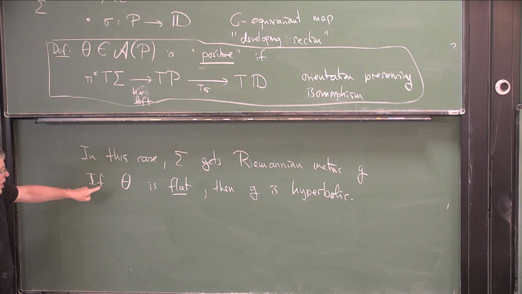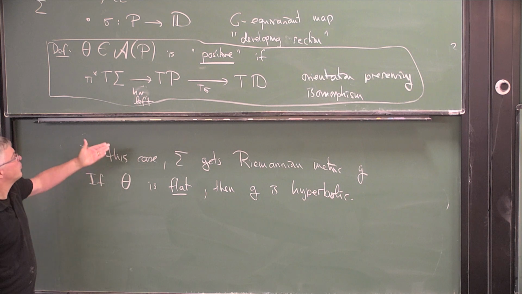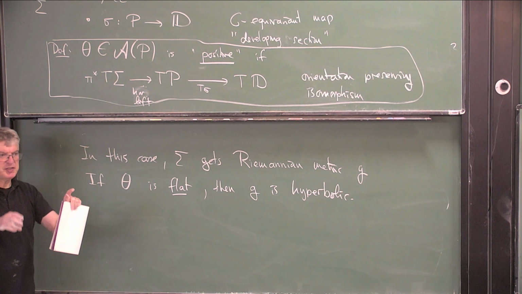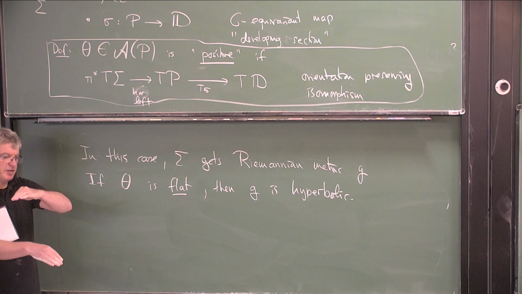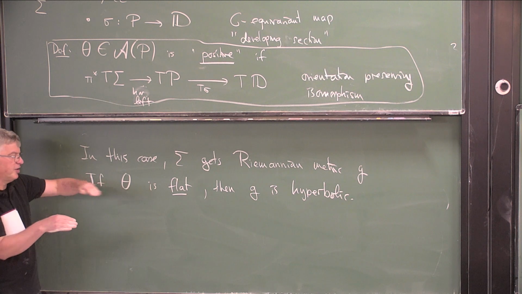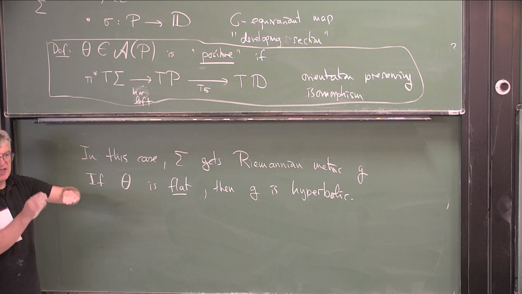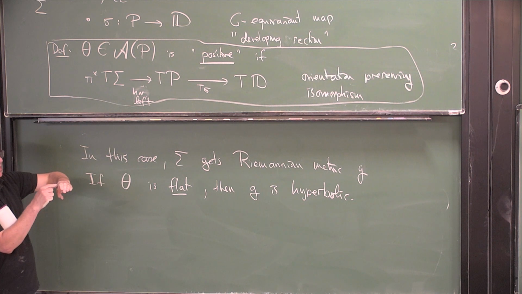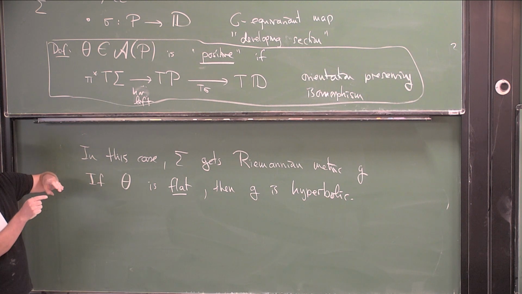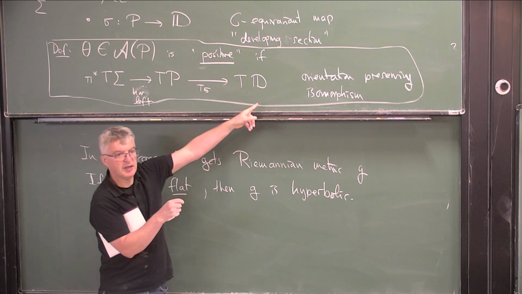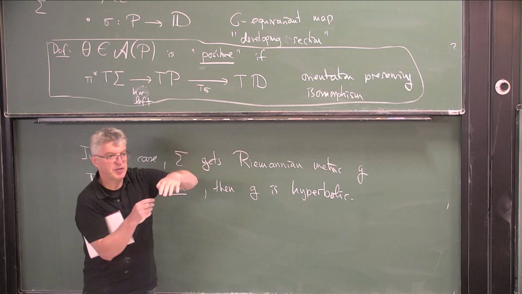I should maybe explain why it is hyperbolic. Well, one way to look at it is you have this flat connection, so you have a horizontal foliation. The flat connection gives a foliation of your principal bundle. And the positivity condition means that the map sigma takes the leaves of this horizontal foliation as local diffeomorphisms to D in an orientation preserving way.